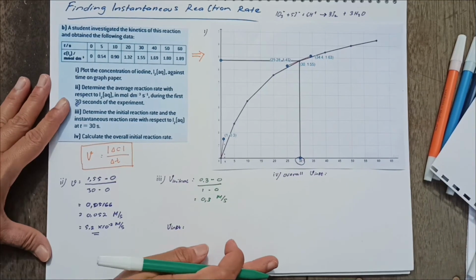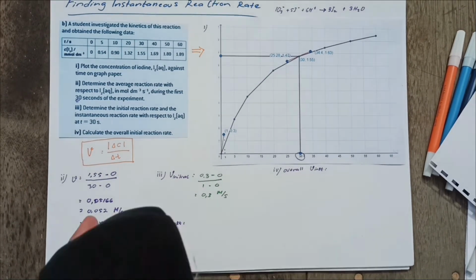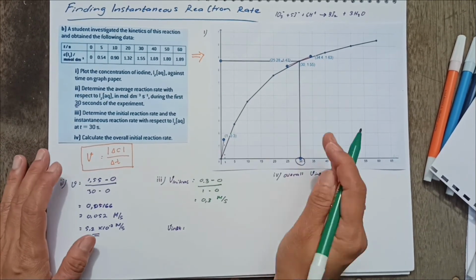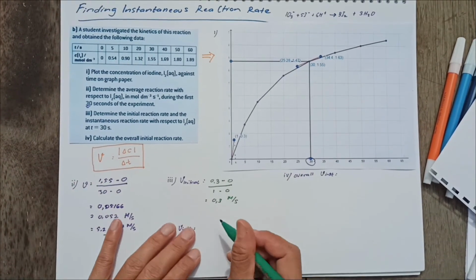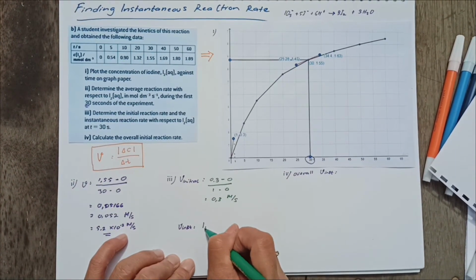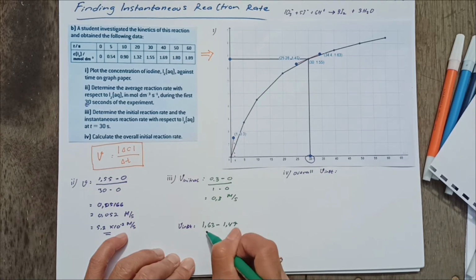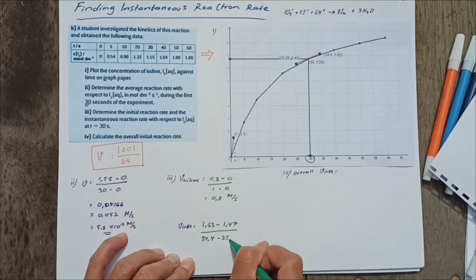Now here we are going to write down the instantaneous rate. Let's start with after minus before. The after is 1.63 minus 1.47 per 34.4 minus 25.28.